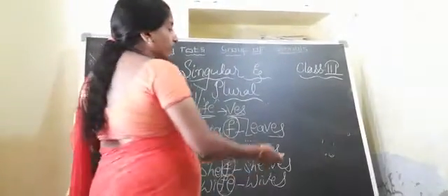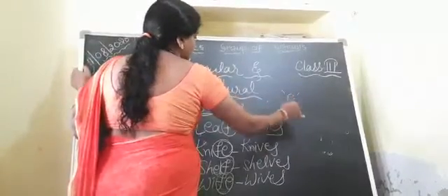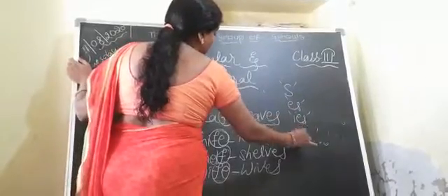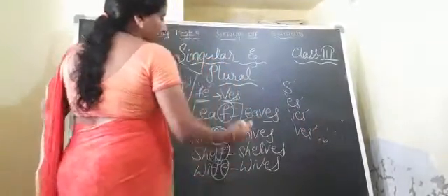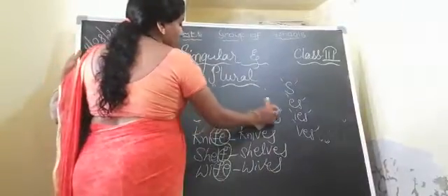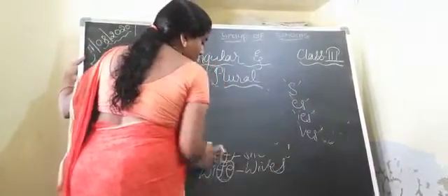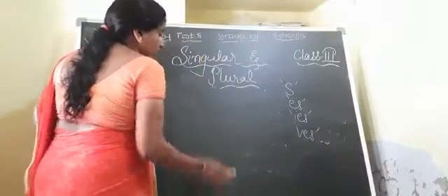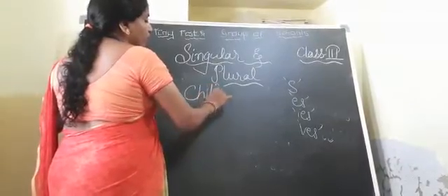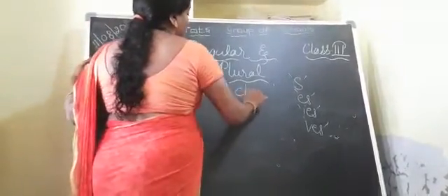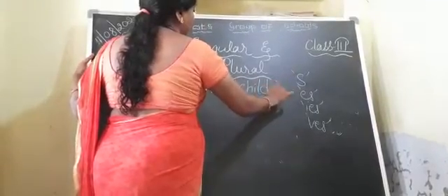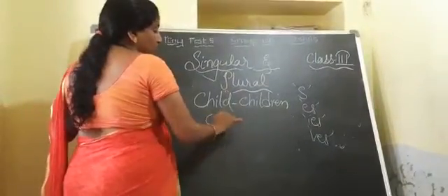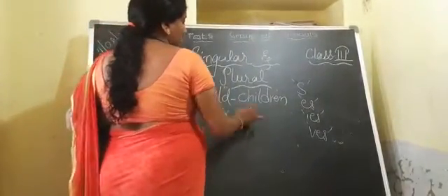So what have we learned, children? Plurals with s, plurals with es, plurals with ies, plurals with ves, and a few more plurals which are in irregular form. Let us discuss such plurals. See children, the plural form of child is an irregular pattern. There is no specific rule. You have to learn such plurals by heart. Ox, oxen.